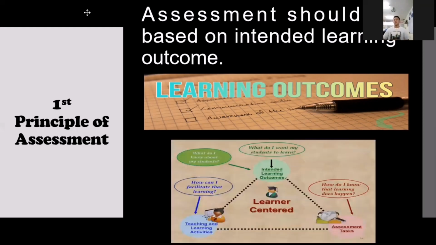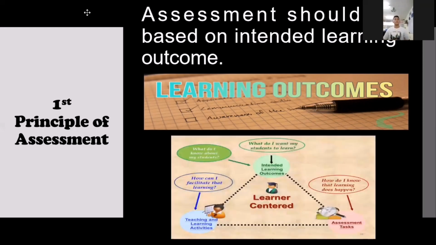That is the biggest purpose of having assessment, to see to it that the learning outcomes are attained or achieved at the end or along the process of the lesson, the giving of instruction or discussion.